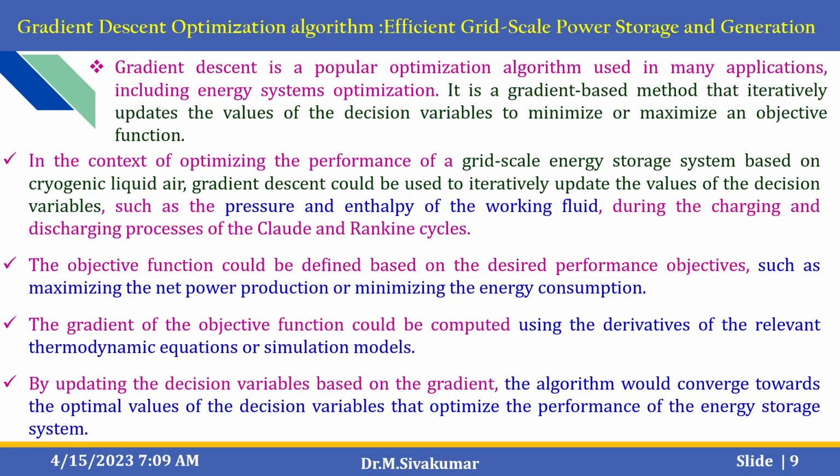The gradient of the objective function could be computed using the derivatives of relevant thermodynamic equations or simulation models. Finally, by updating the decision variables based on the gradient, the algorithm would converge towards the optimal values of decision variables that optimize the performance of the energy storage system.